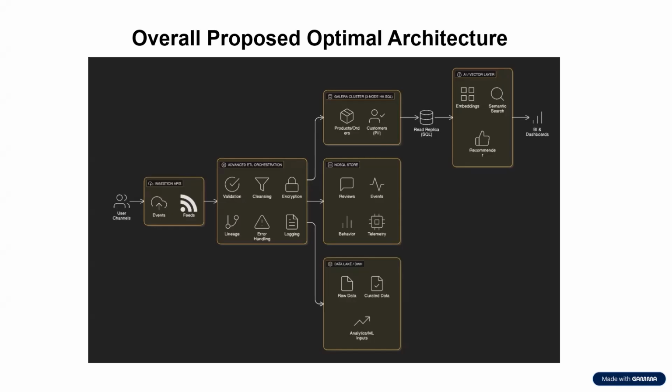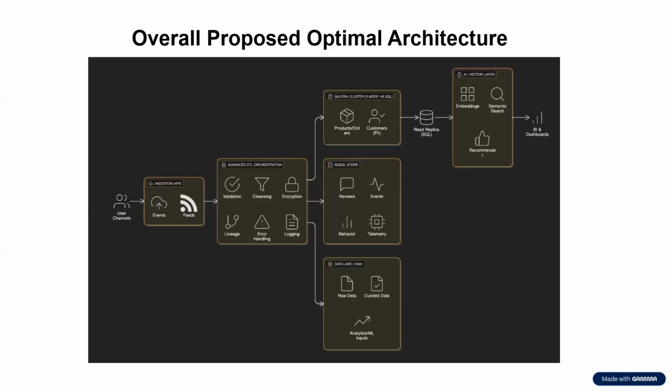Then after this pipeline is done, we have a Galera cluster for high availability, where our clean data will be stored, right? Clean data and encrypted data. So the customers and products, whatever data we have, that will be encrypted, which will not be available to the general audience.